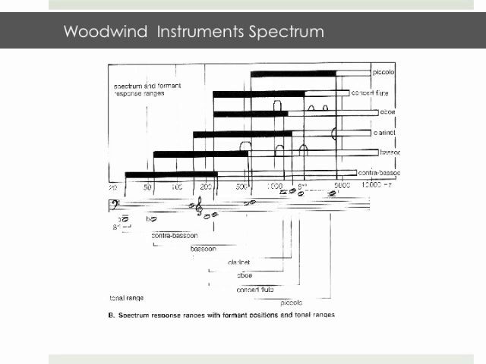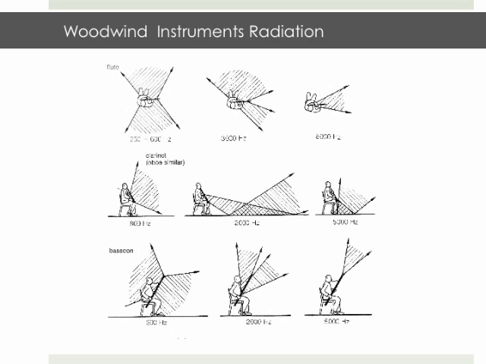Continuing, we have the woodwind range of frequencies here, as well as the woodwind instruments radiation. And this is very important because you see, for example, the flute changes dramatically how it sounds from the low frequencies all the way to the high frequencies.